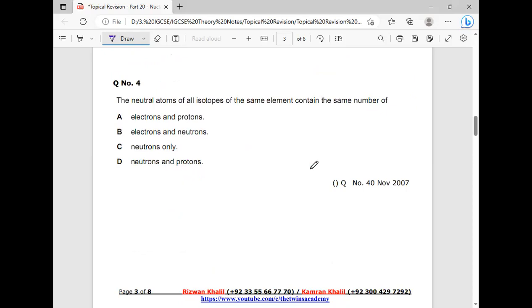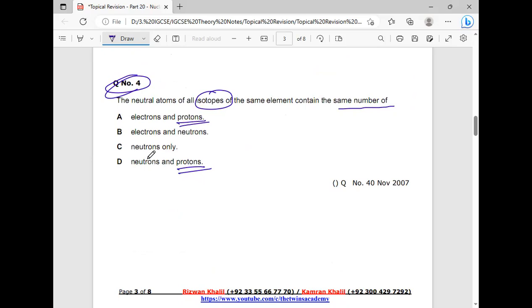Now let's move to question number 4. The neutral atom of isotopes of the same element, same number of protons and different number of neutrons.